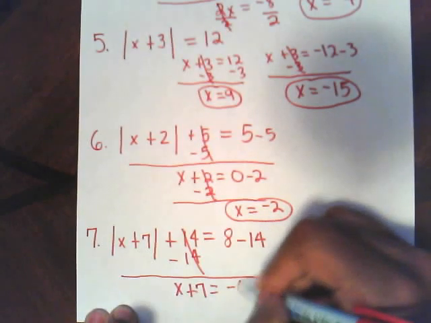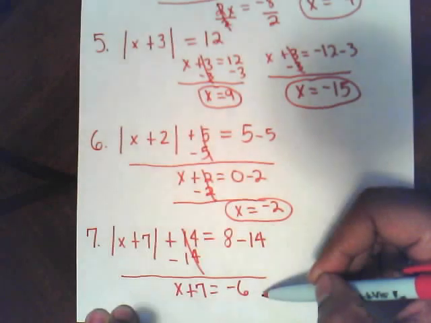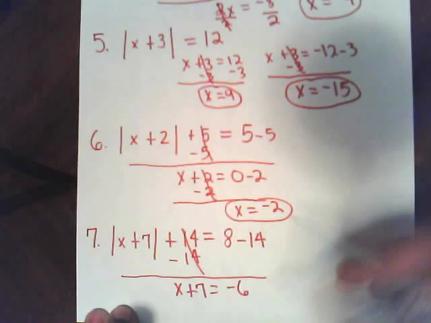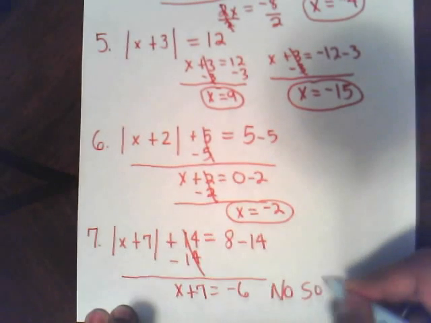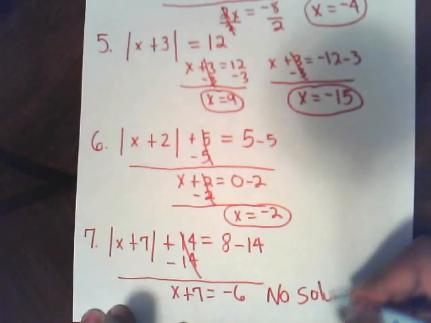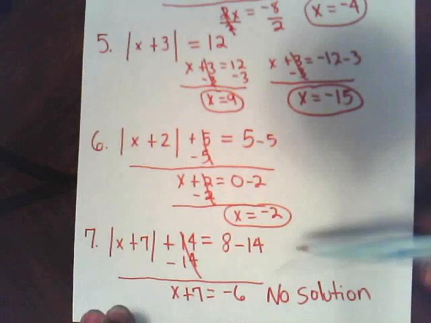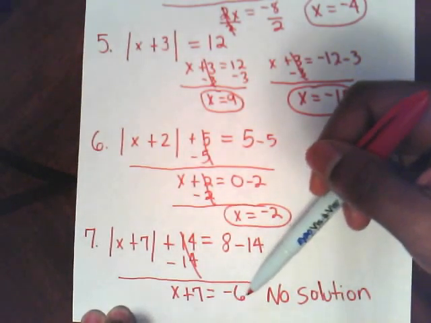So, if you're looking at your notes, you'll see whenever the absolute value equation equals a negative number, after you isolate, the answer is no solution. Because an absolute value equation, once you do the isolation, cannot equal anything negative.